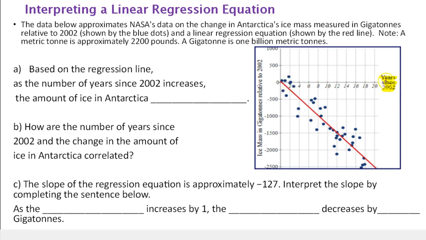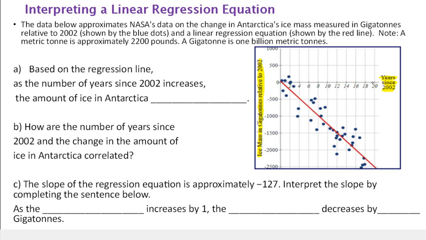So we define this variable this way so we can start at 0. The vertical axis is ice mass in gigatons relative to 2002. So this tells us the relative ice mass in whatever year since 2002.